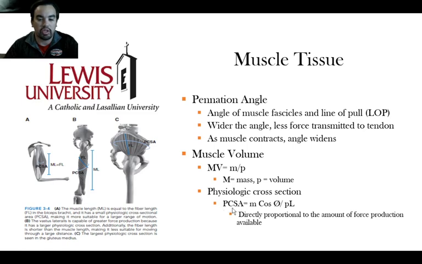So physiological cross-section is what this is here, and that's the mass times cosine of the angle times the change in length times the volume. And that is directly proportional to the amount of force production available. So muscle volume in general, how big the muscle is, is great, but what you really want to look at is the physiological cross-section, because that's more indicative of how much force can be produced by a muscle.